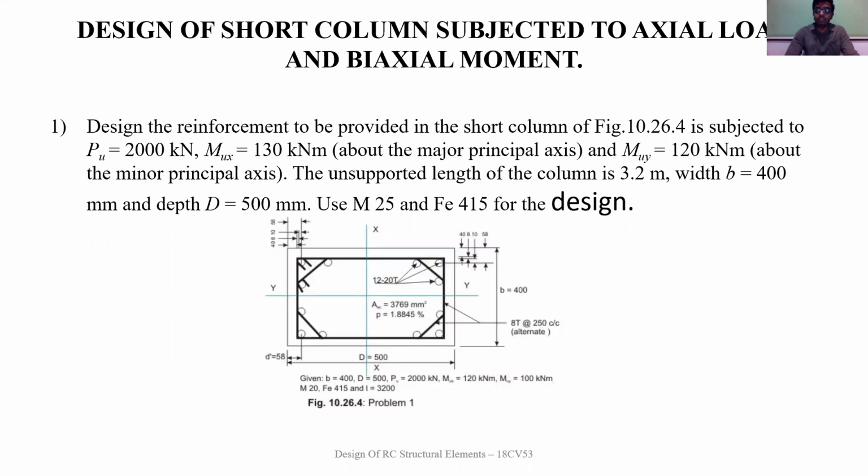The unsupported length of the column is 3.2 meters. The column size is 400 millimeters width and 500 millimeters depth. The grade of concrete used is M25 and the grade of steel used is Fe415.